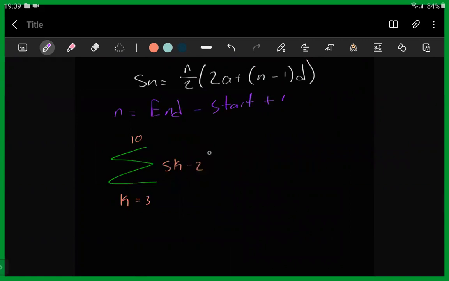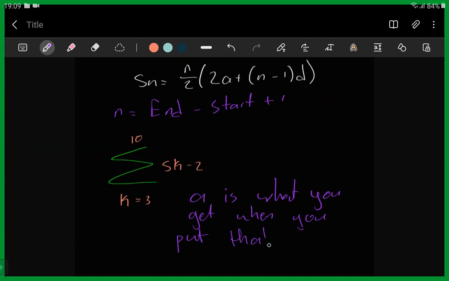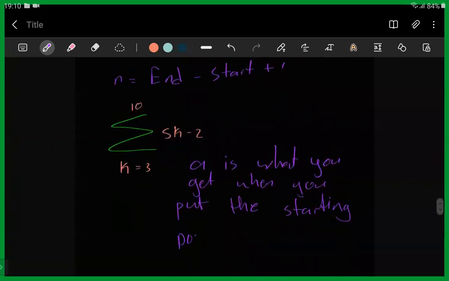No, when you're dealing with sigma, a is what you get when you put the starting position into your general term.